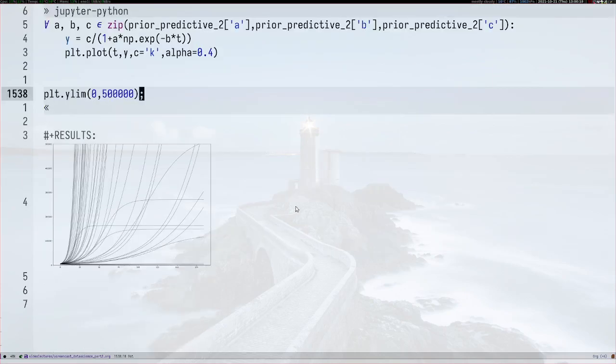So let's see what we get when we run this. So here we have our draws from the prior predictive. You can see that we have a number of draws where indeed we find this plateau. Of course, we know in our data, we don't plateau within this time frame. So in the posterior, these particular draws from the posterior distribution are not very likely to actually get much mass.